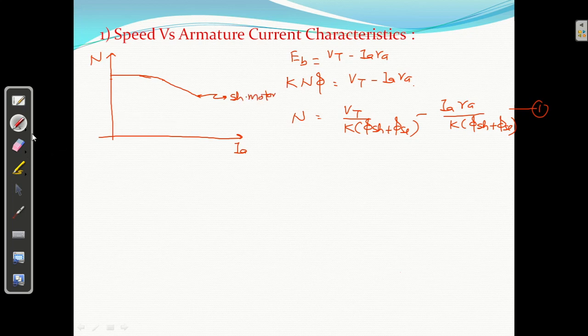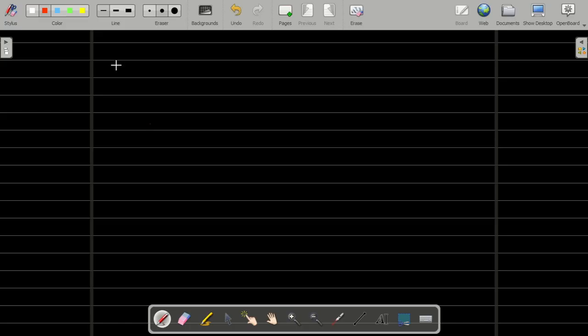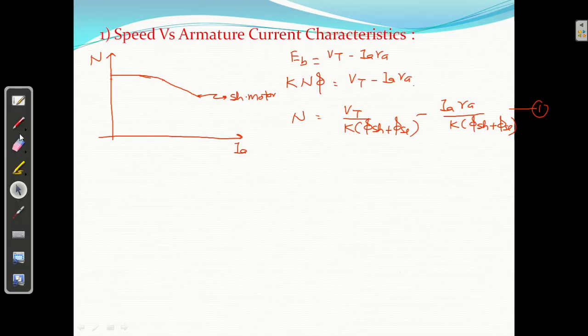If the series flux is more, the characteristic will be like this. This is the series motor characteristic. Right? Now, I am assuming a compound motor.